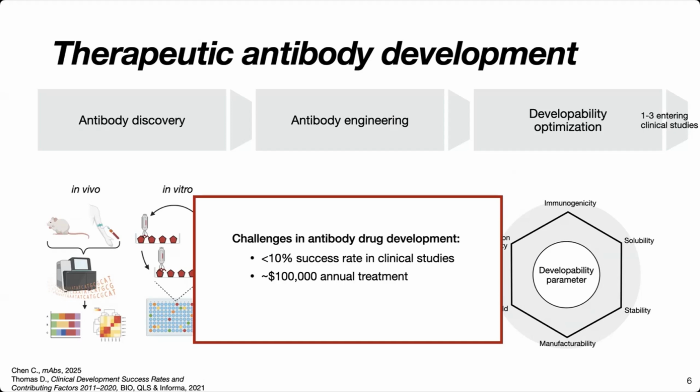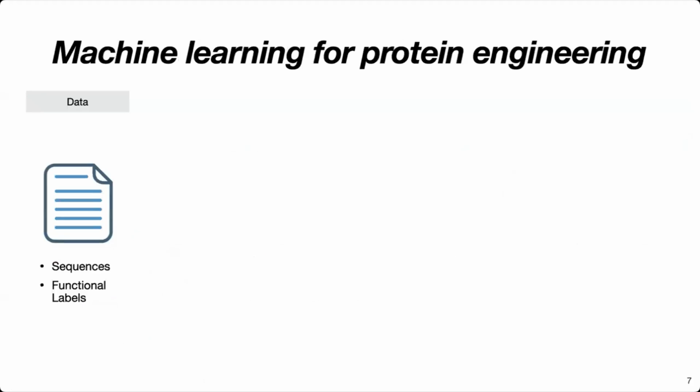And one of the proposed methodologies to be used in this setting to support drug development has been machine learning, because it could support this drug development pipeline in finding better molecules in a more efficient manner by reducing the reliance on experimental screening. So machine learning is a set of algorithms that learns patterns by approximating a function from samples to labels.